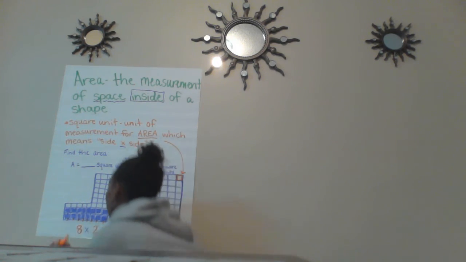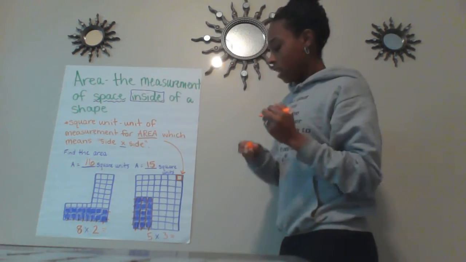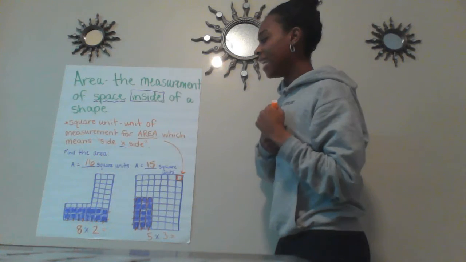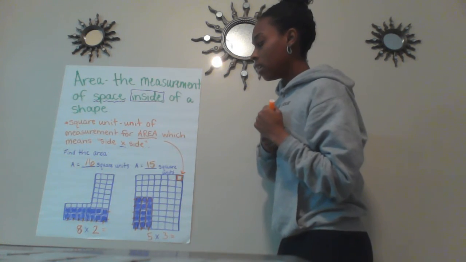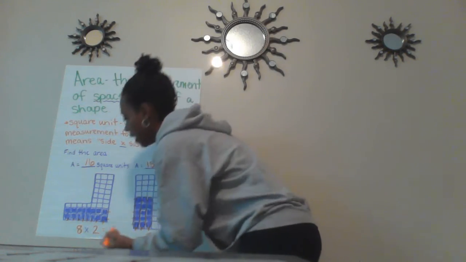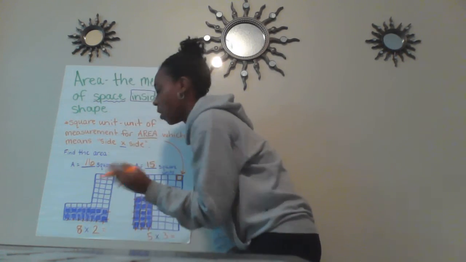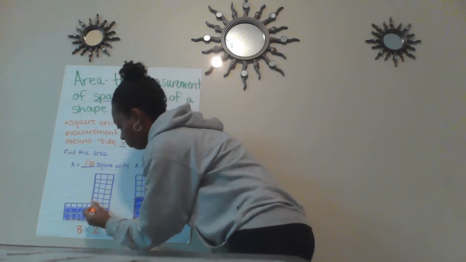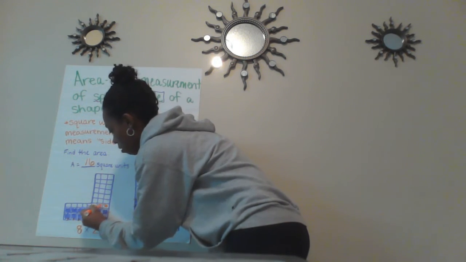So the area of this shape is 16 square units. Now, what if the whole entire thing was shaded? So let's say for this one, the whole shape was shaded.